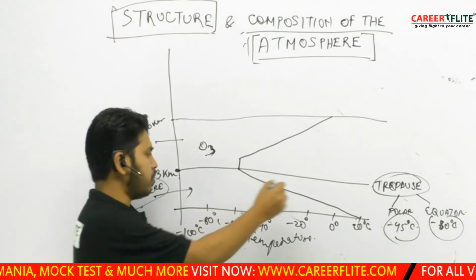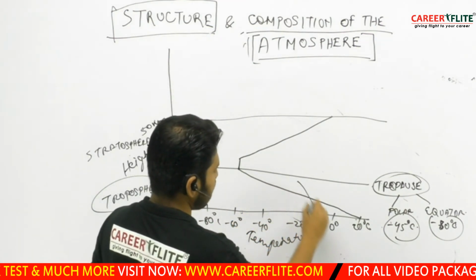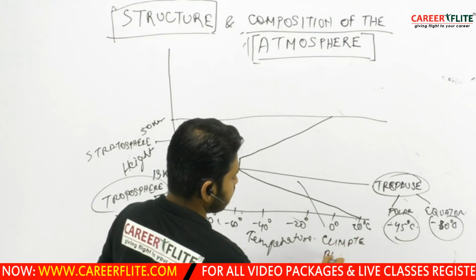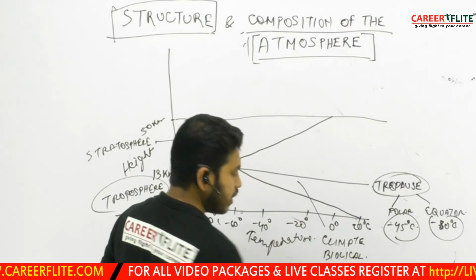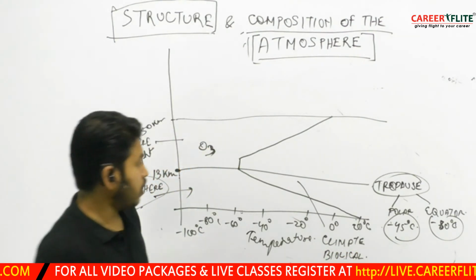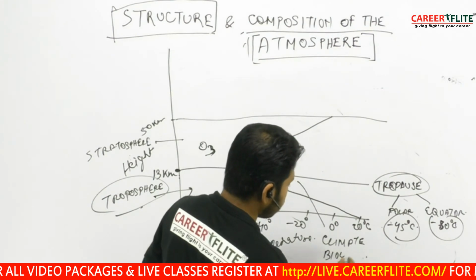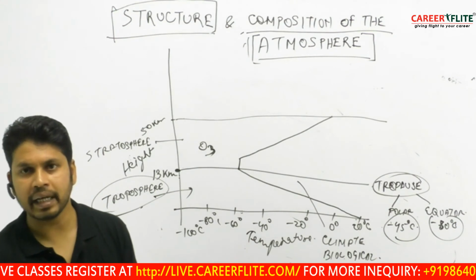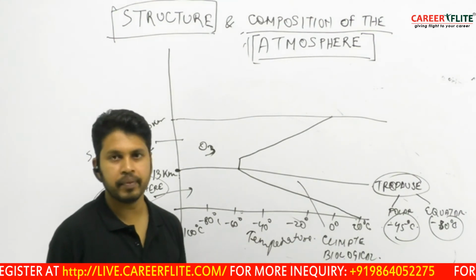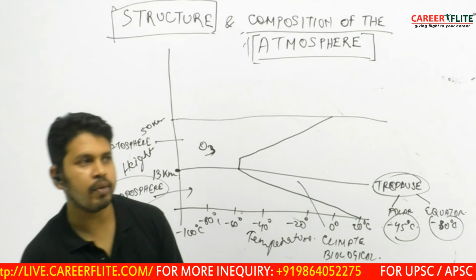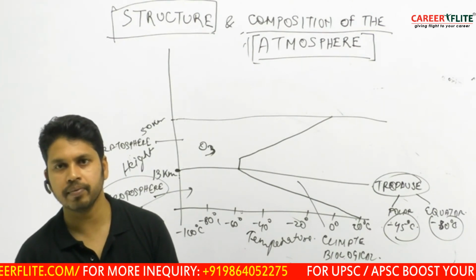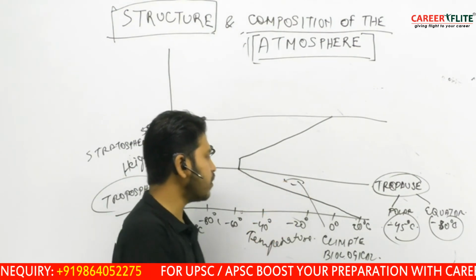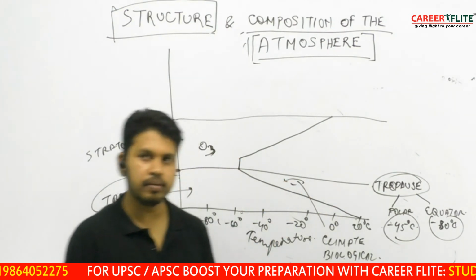All the climatic phenomena and biological activities take place within the troposphere only. Any kind of climatic phenomenon like tornadoes, thunderstorms, rainfall, cyclones, the formation of clouds, everything you can find within the troposphere only.